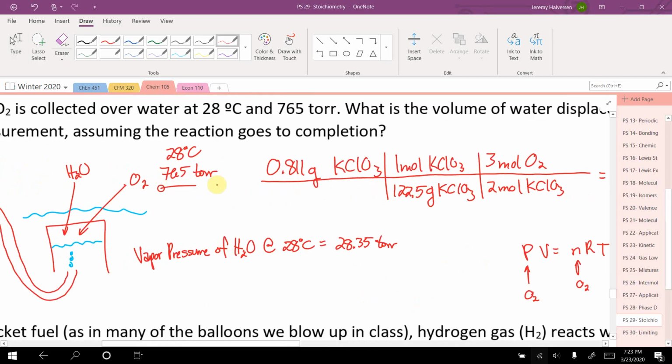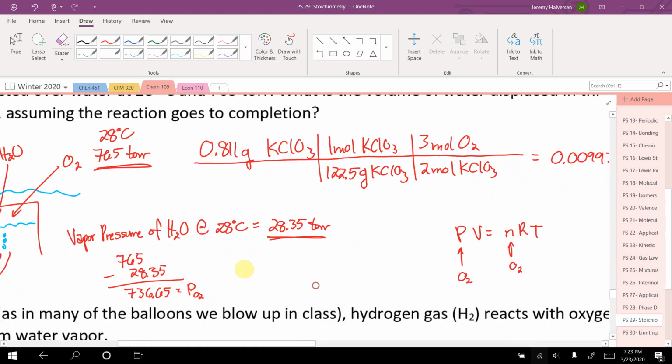Well, we know this is the total pressure, this is the pressure from water, and so the pressure from O2 is just whatever's left. So 765 minus 28.35. So the pressure of O2 is 736.65. And that's what we get to put into the ideal gas law.